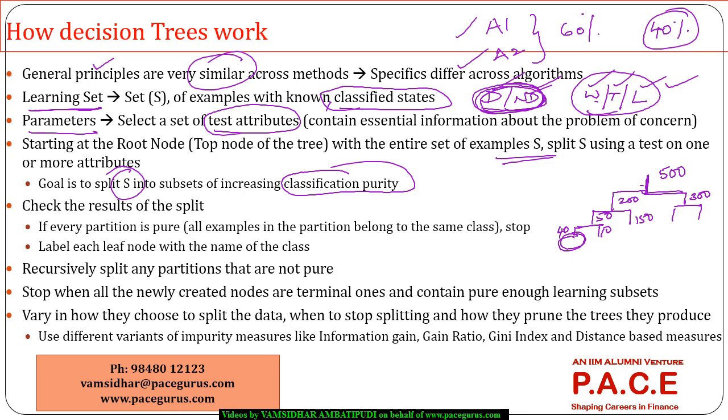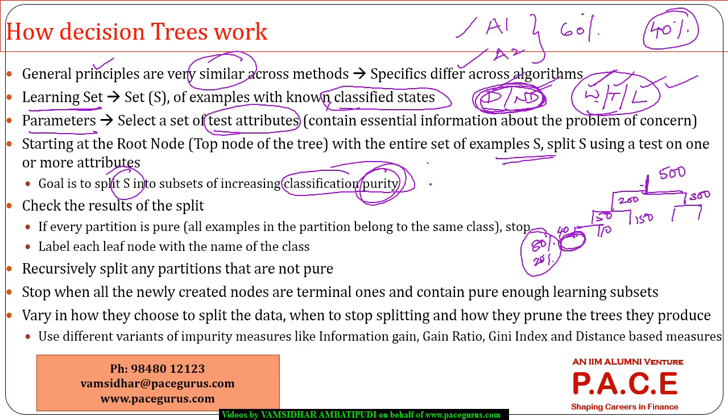And it should so happen that out of this 40, if all 40 of them belong to one single class, win or loss, no issues at all, then that is where we are calling it highly pure. But even if that is not the case, the percentage should be much higher. If not 100%, even 80% of them are wins and 20% are losses, and I can't split the data any further, then this is a measure of my purity.